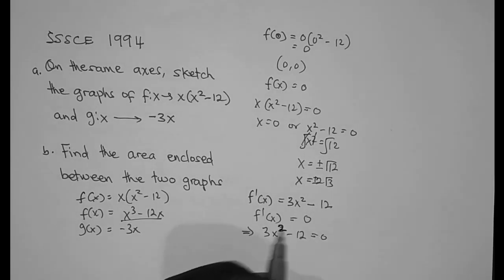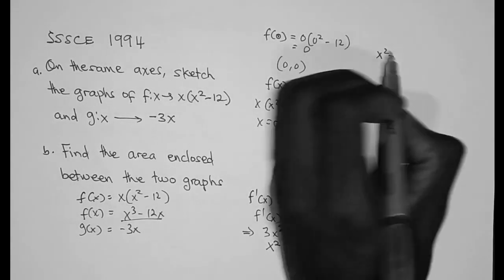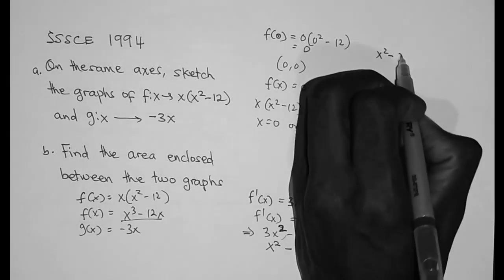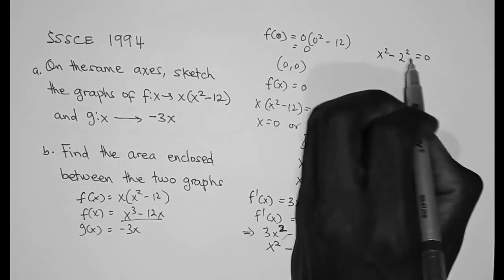So let's divide through by 3. 3x squared divided by 3 is x squared, minus 12 divided by 3 is 4, equals 0. So x squared minus 4, which can be written as x squared minus 2 squared, is equal to 0. So this is the difference of two squares.